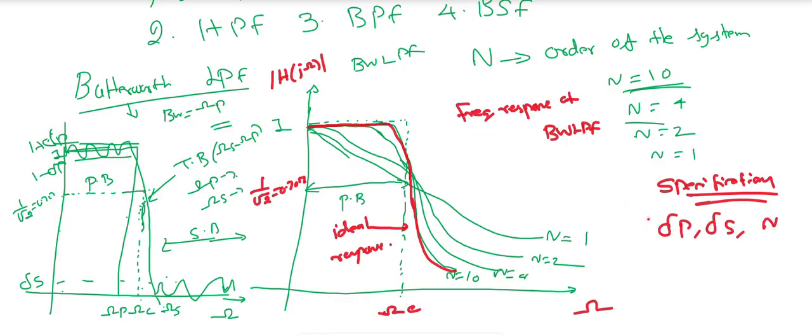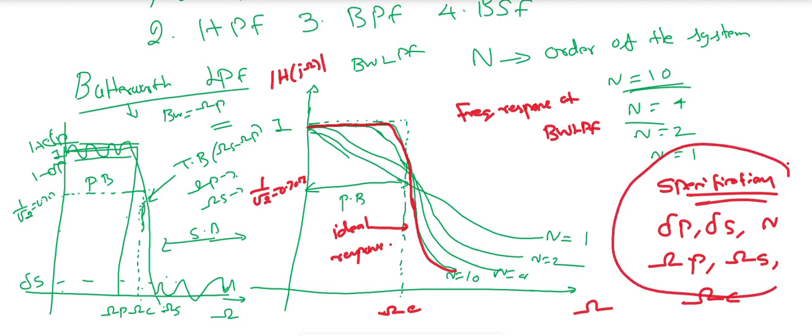Then ωp, ripples in the pass band, ripples in the stop band, pass band edge frequency, stop band edge frequency, the cutoff frequency ωc. These are the given specifications of the low pass filter.